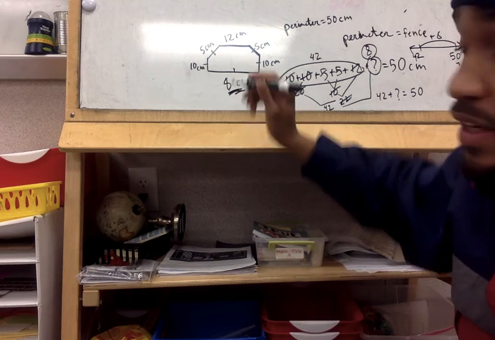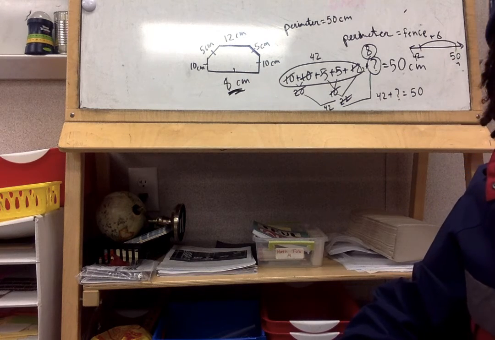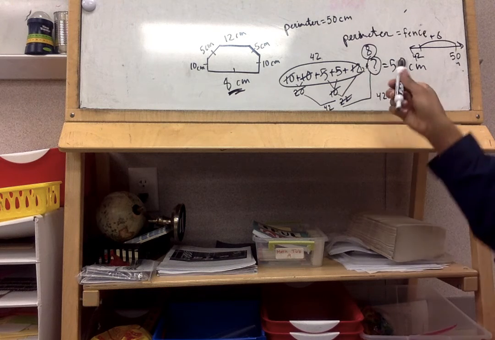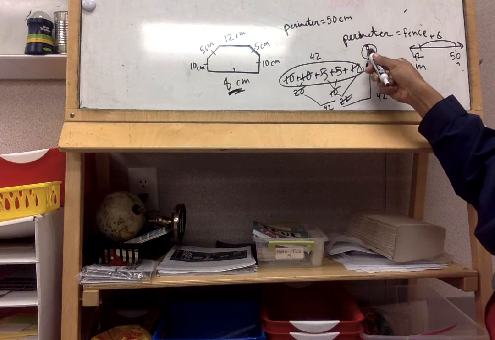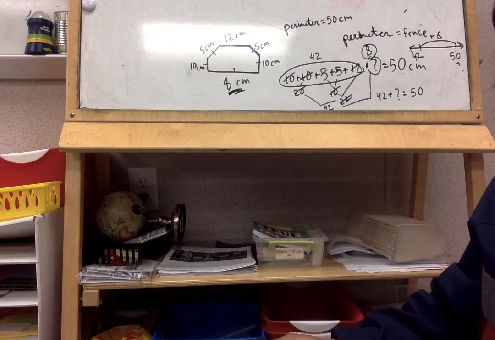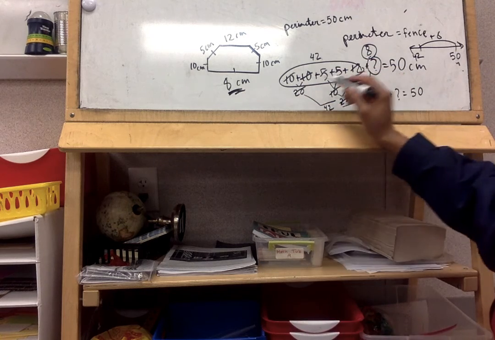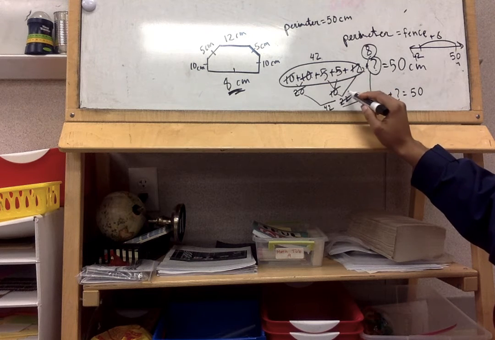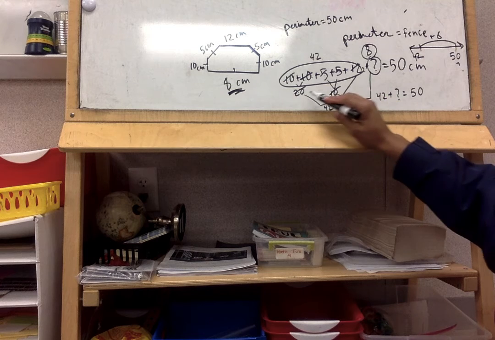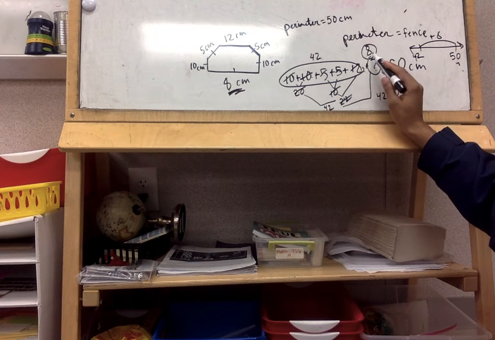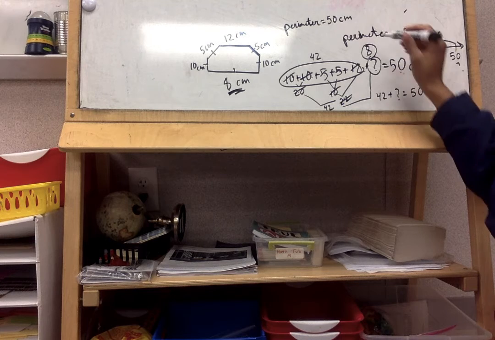What I see a lot of students confused about is that they get this number 8 and they still think their answer is 50, even though they just solved to find this unknown number. So I've been having students circle their number, and then once they check their work, 10 plus 10 is 20, 5 plus 5 is 10, 12 plus 10 is 22, 22 plus 20 equals 42, and 42 plus 8 does equal 50.